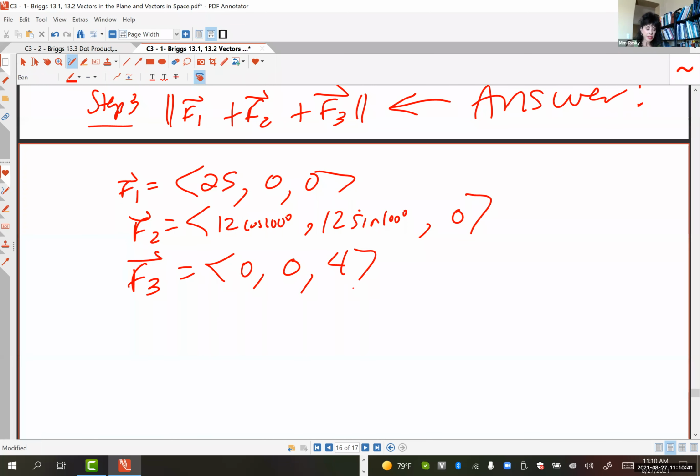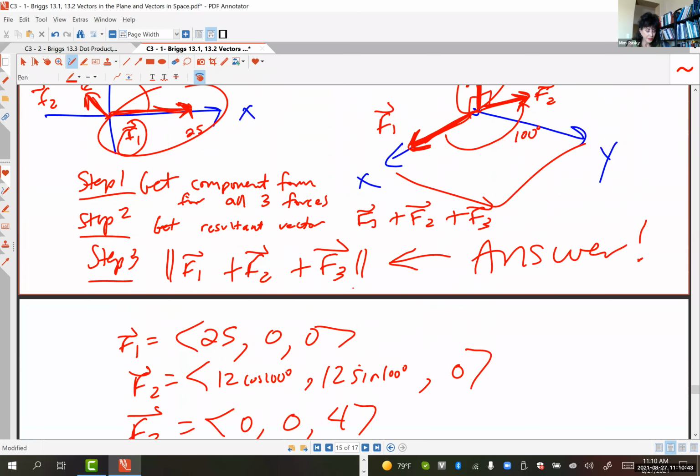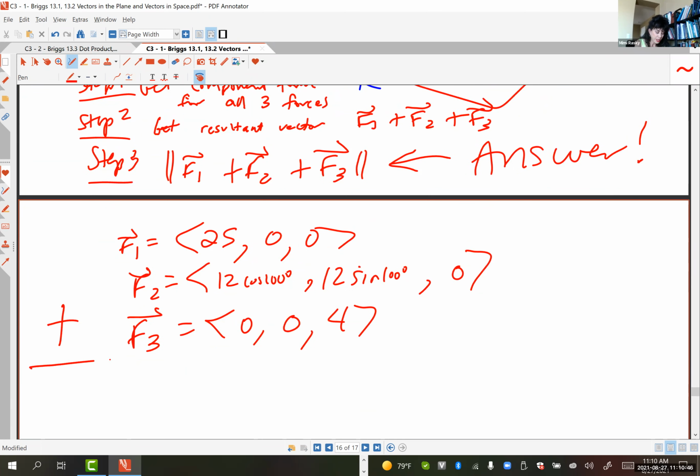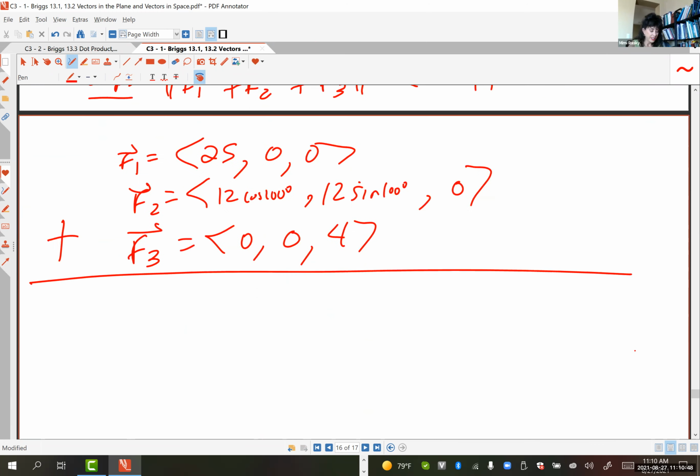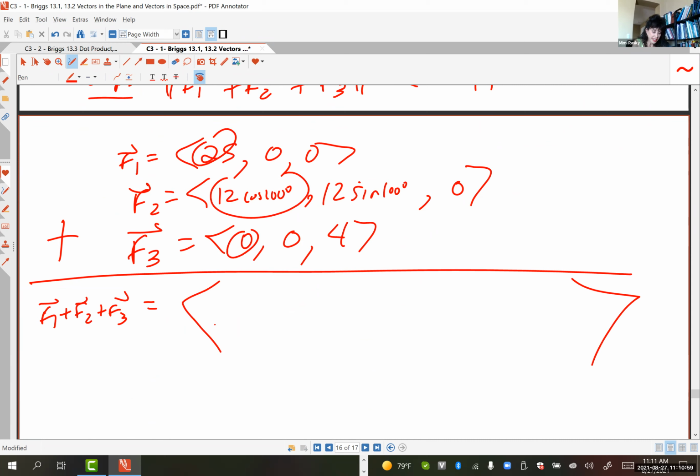So now we have everybody in component form. Yay for us. Now what? Let's add all three of these vectors together to get the resultant vector. F1 plus F2 plus F3 is going to give me a big vector. Add all the x components together to get the resultant vector's x component.